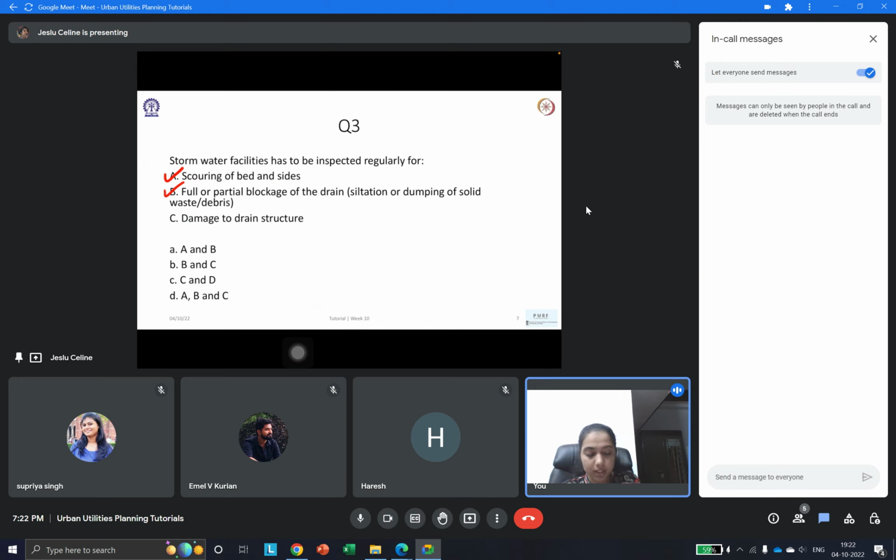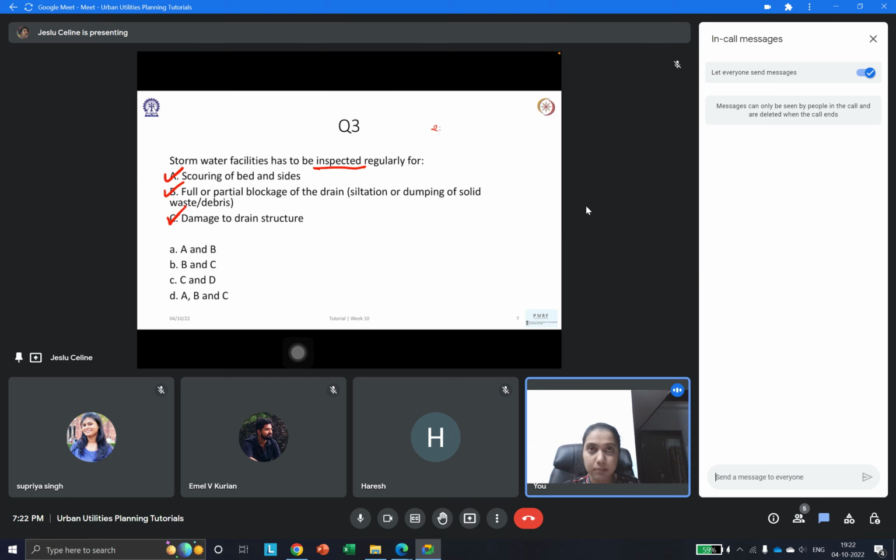So, okay. How do you propose that damage to the drain structure can be found out? Through inspection only, I guess, but I'm not sure. It is. Basically, we have learned that two types of inspection are there.